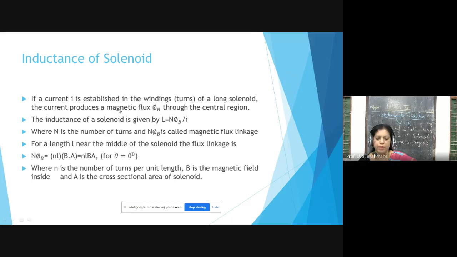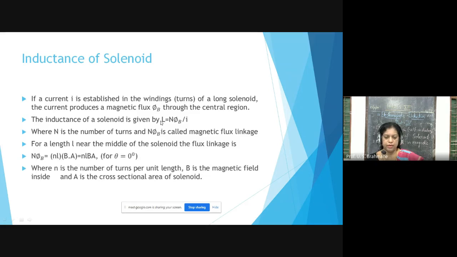the current produces a magnetic flux phi b through the central region. The inductance of a solenoid is given by L equal to N phi b upon I. Remember, this is the magnetic flux linkage N phi b.